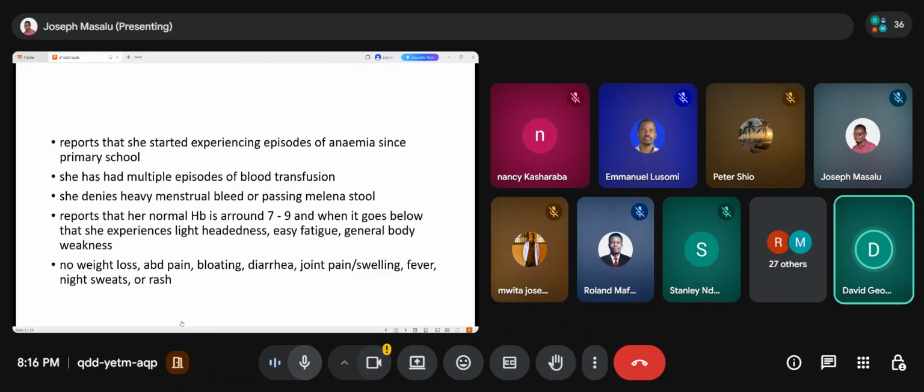For example, this patient is deworming frequently, but worm infestations, especially in low income settings like ours, can cause anemia and later on end up with frank iron deficiency anemia. But then she deworms frequently.